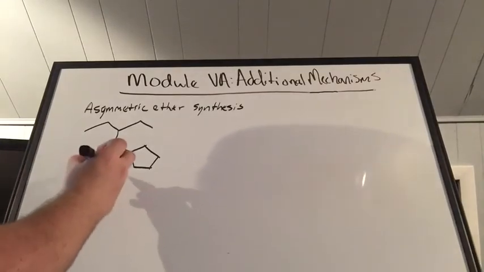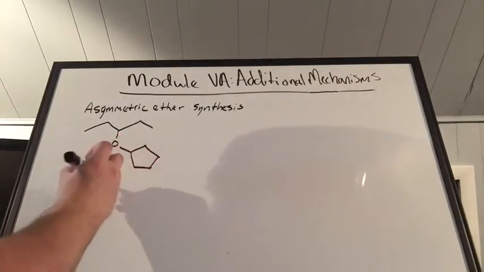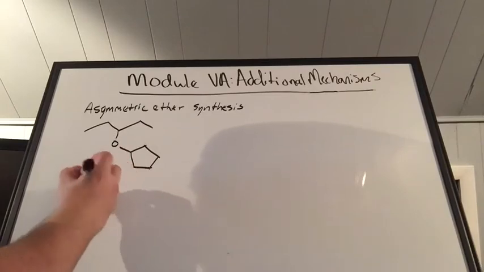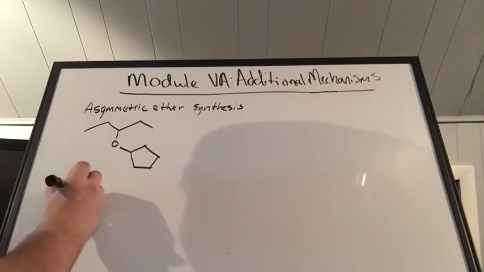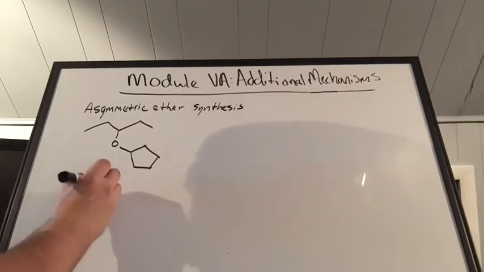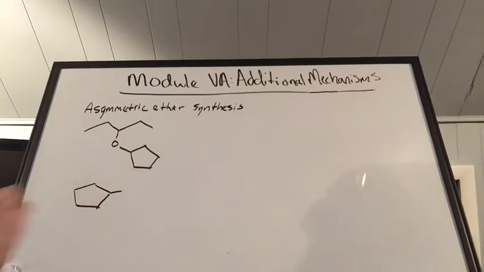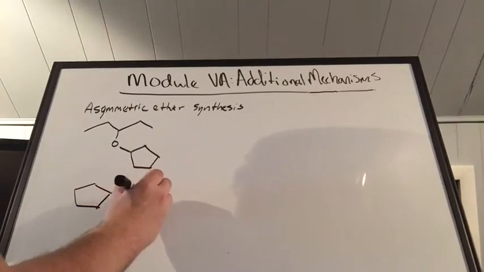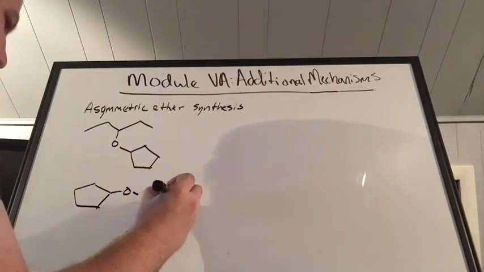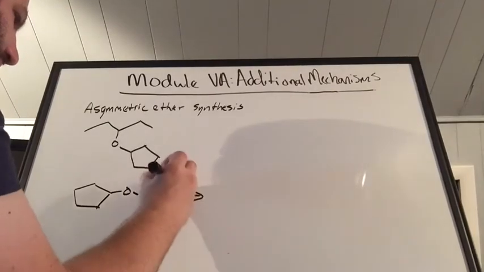Okay, now really the best way to go about this is, instead of putting everything into one pot and cooking it in acid, let's say you make a nucleophile first.